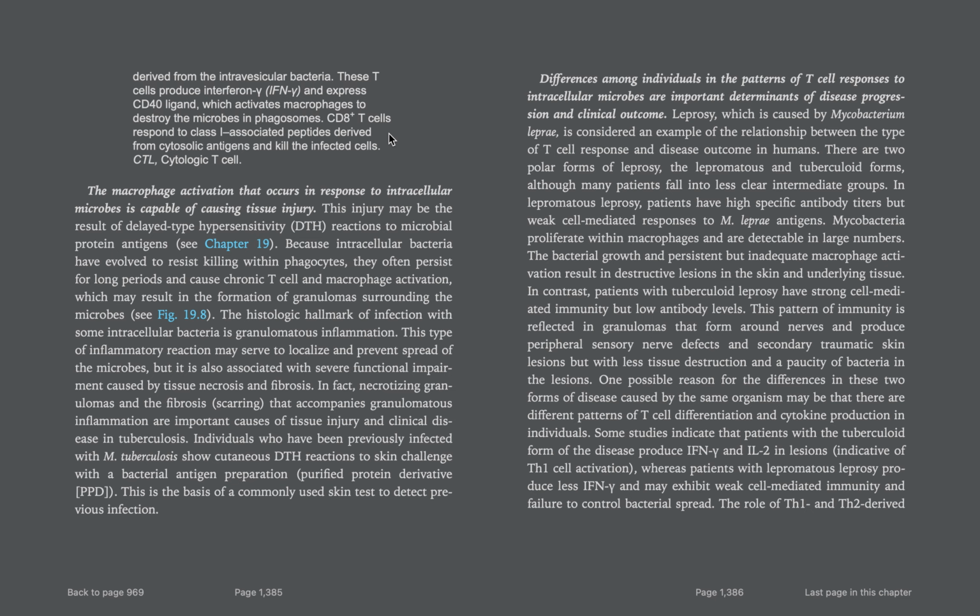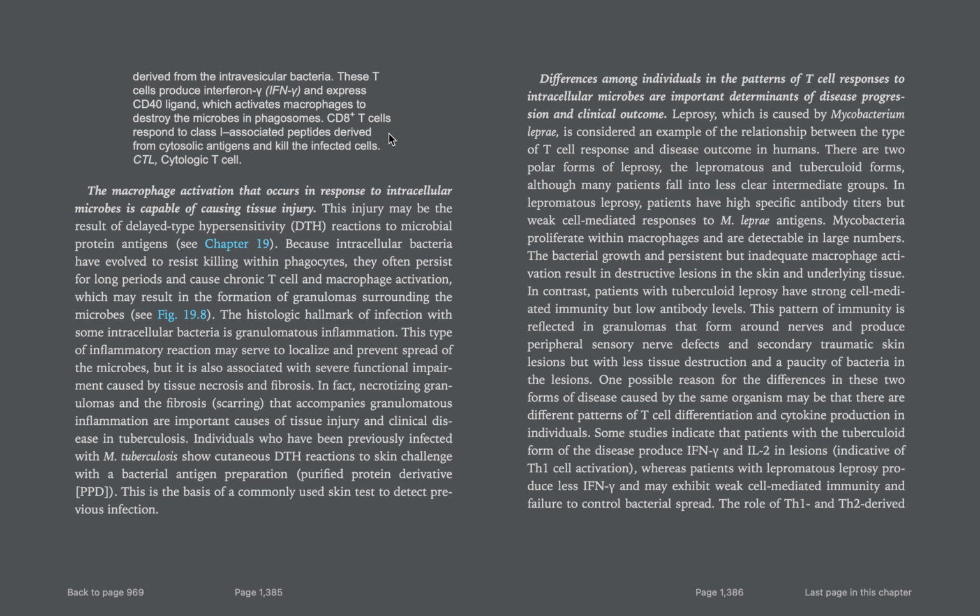In contrast, patients with tuberculoid leprosy have strong cell-mediated immunity but low antibody levels. This pattern of immunity is reflected in granulomas that form around nerves and produce peripheral sensory nerve defects and secondary traumatic skin lesions, but with less tissue destruction and few bacteria in the lesion. One possible reason for the difference in these two forms of disease caused by the same organism may be that there is a different pattern of T cell differentiation and cytokine production in individuals.